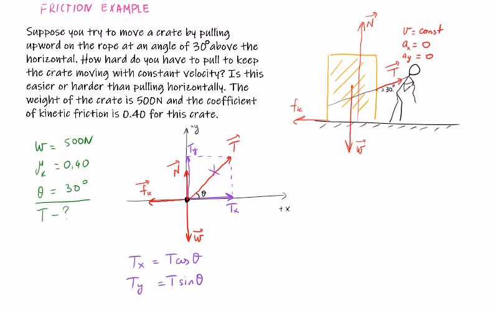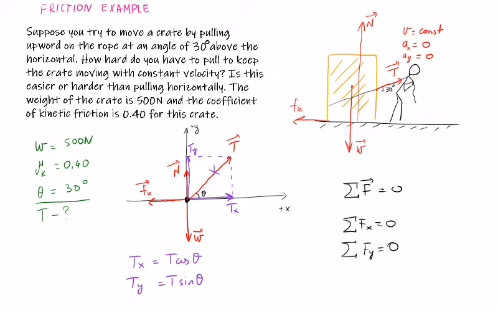Now let's write Newton's second law. In this case, because the system is in equilibrium, which means it has no acceleration, the sum of the forces should equal 0. This translates into the sum of the forces in x equals 0, and then the sum of the forces in y, in component form, equals 0.